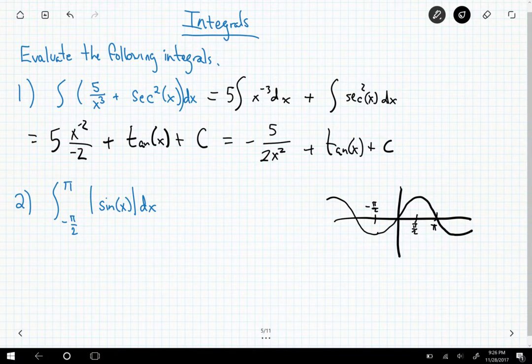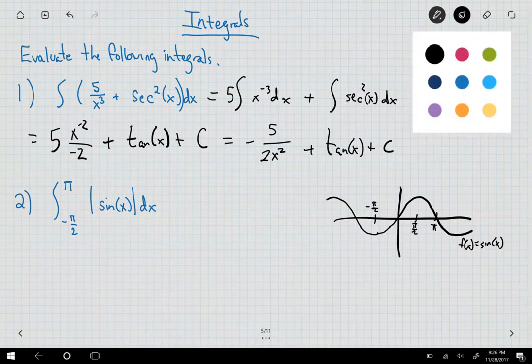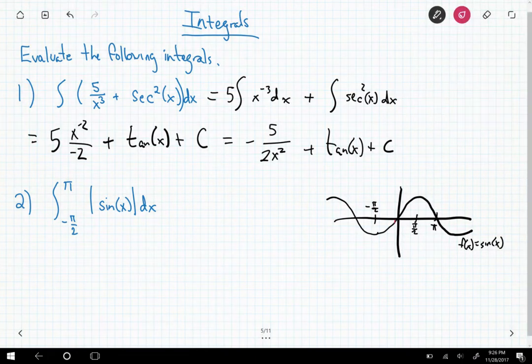So this would be f of x equals sine of x. What's actually happened is, let me highlight this portion, and then obviously this portion over here as well, we basically flip it. And how do we flip it? We multiply by a negative 1.